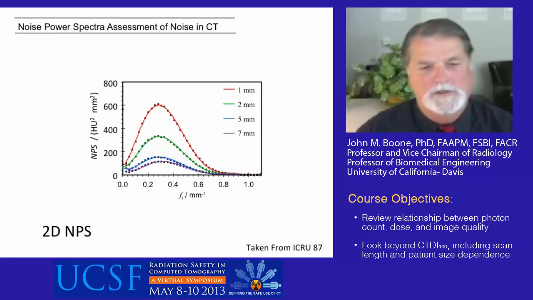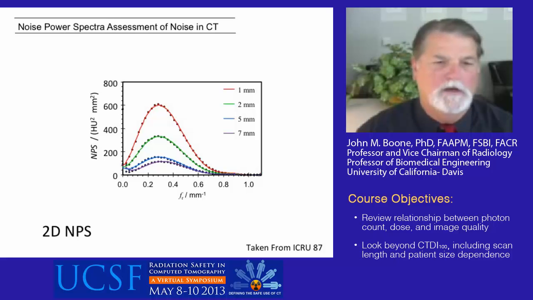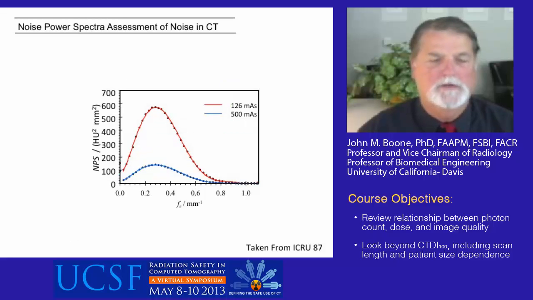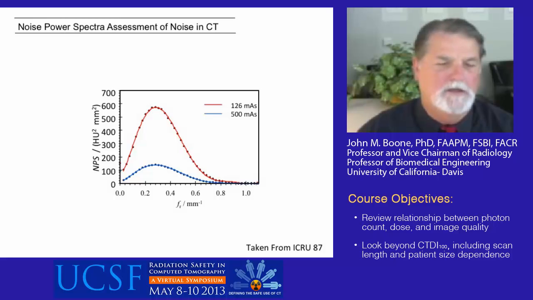And what's nice about this as a function of f r is that the area of the curve actually represents the noise variance in the image. And so at the same radiation dose levels, you can see a thinner slice, the 1 millimeter slice here, compared to the 2 millimeter slice, has twice the area approximately, and that's what you would expect. And the other slice thicknesses have less and less noise.